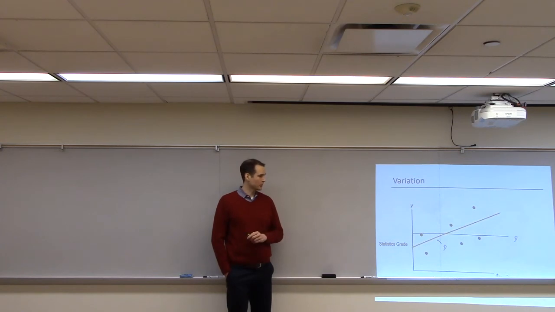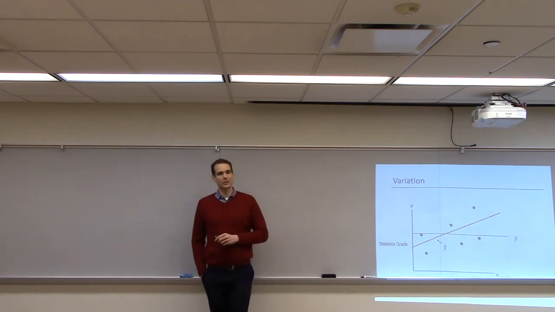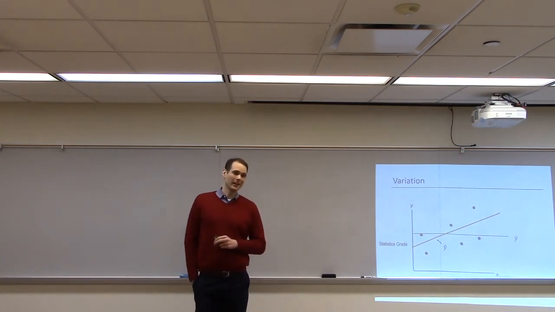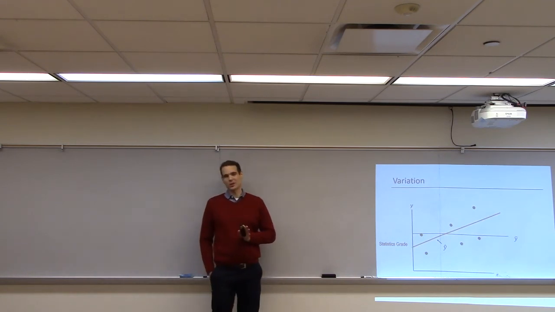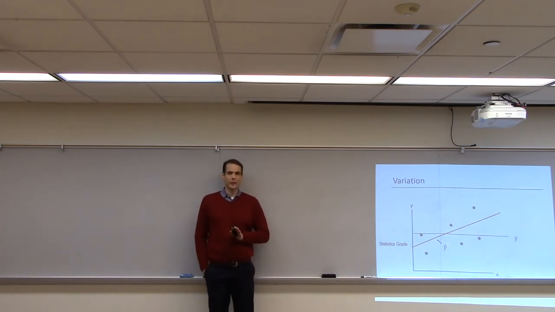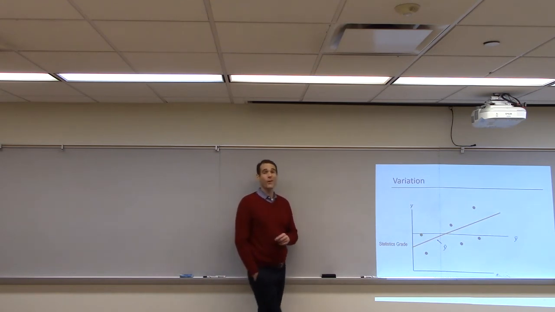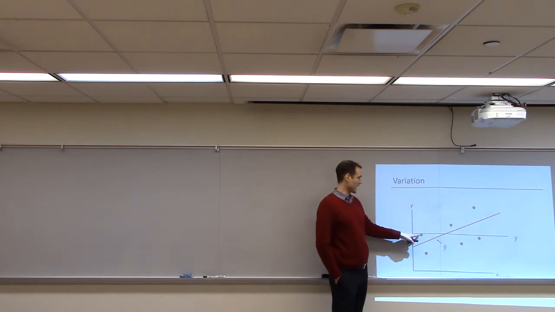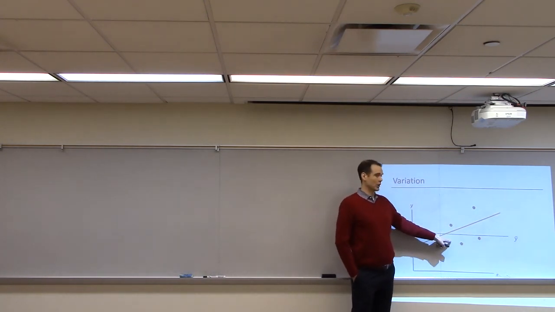Last performance measure is the standard error of the estimate. This is the standard deviation like metric for regression analysis. Standard error of the estimate is, on average, how far away are the data points from the regression line?